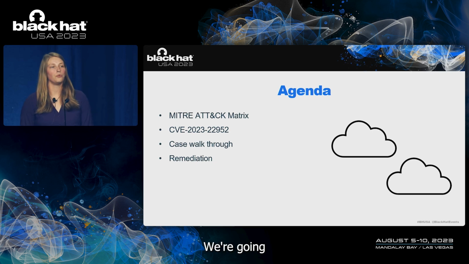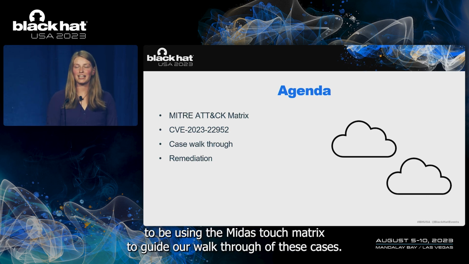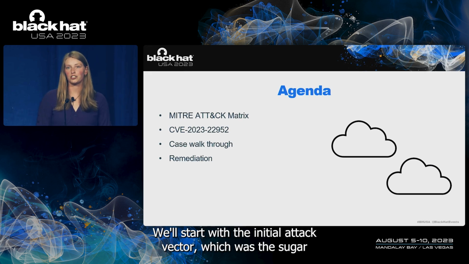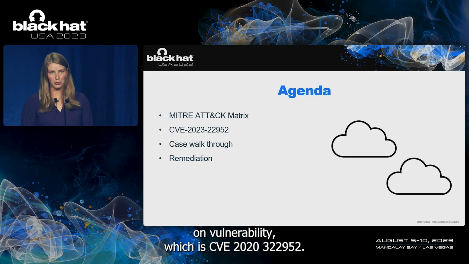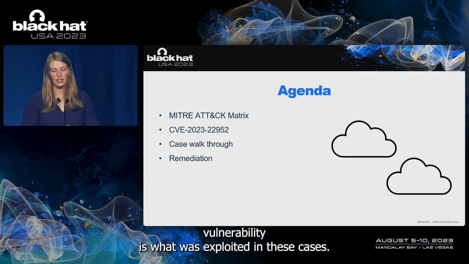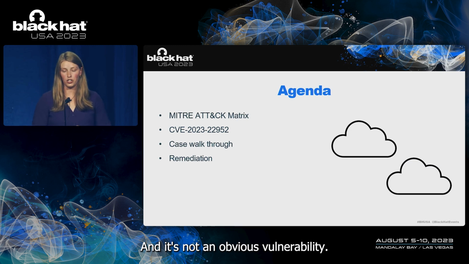At a high level, we're going to be using the MITRE ATT&CK Matrix to guide our walkthrough of these cases. We'll start with the initial attack vector, which was the SugarCRM vulnerability, CVE-2023-22952. As a brief note, this SugarCRM vulnerability is what was exploited in these cases, and it's not an AWS vulnerability.